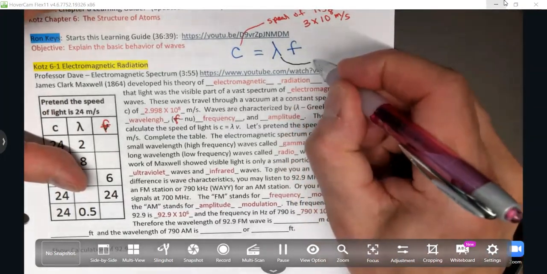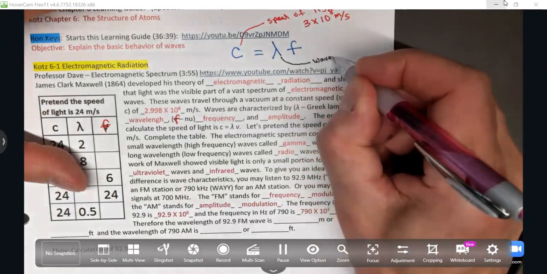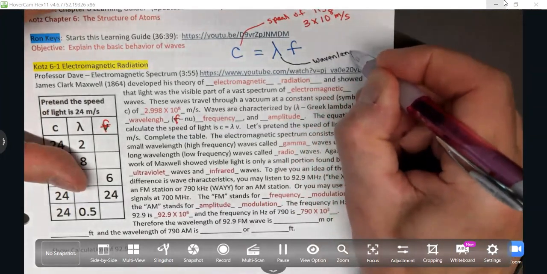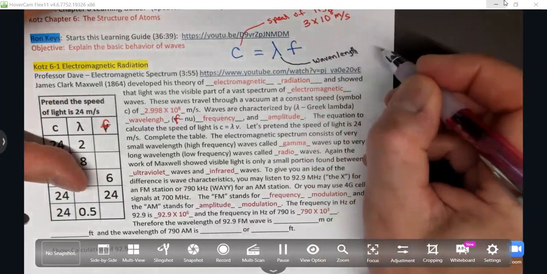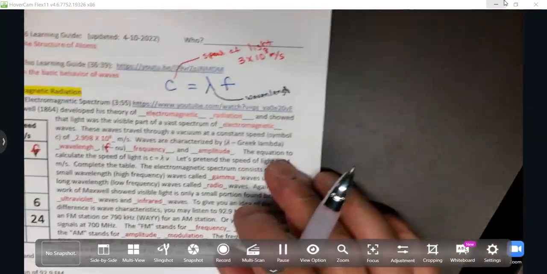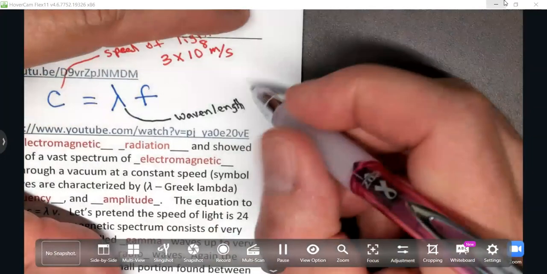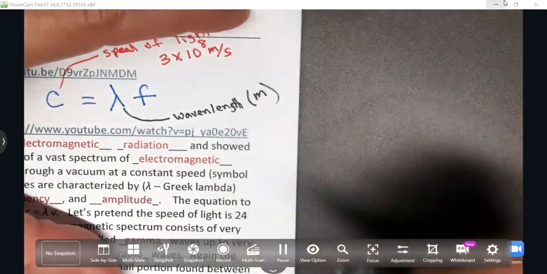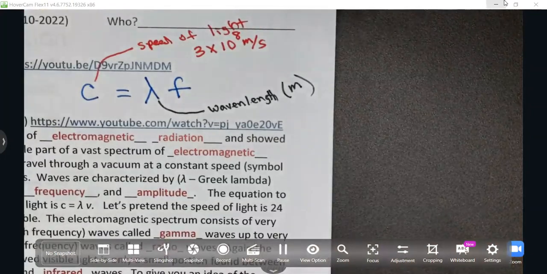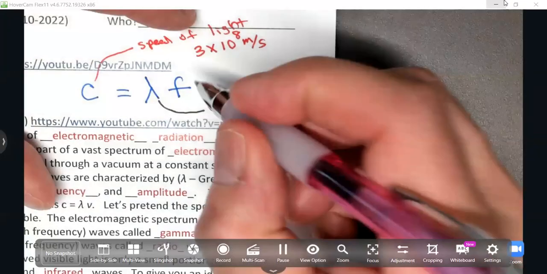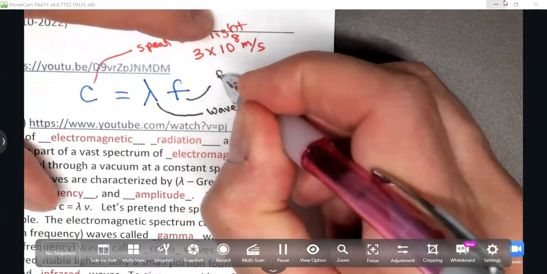This is wavelength, and that wavelength should be in meters then. And this f should be frequency.